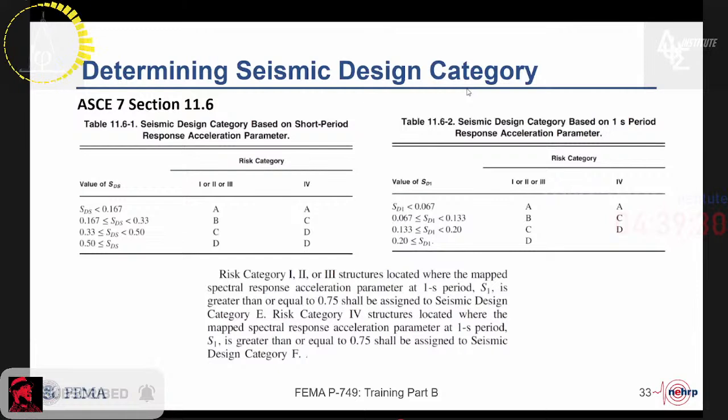So if you are in a site where normally for risk category 2 structures, you have a spectral acceleration S sub 1 of 0.75 or greater, and you are an ordinary occupancy structure, normally categorized as seismic design category D, you would be in seismic design category E. And if you were in a risk category 4 structure on a site with such ground motion, you would be bumped to seismic design category F. And that's taken care of by text in the standard rather than these tables.